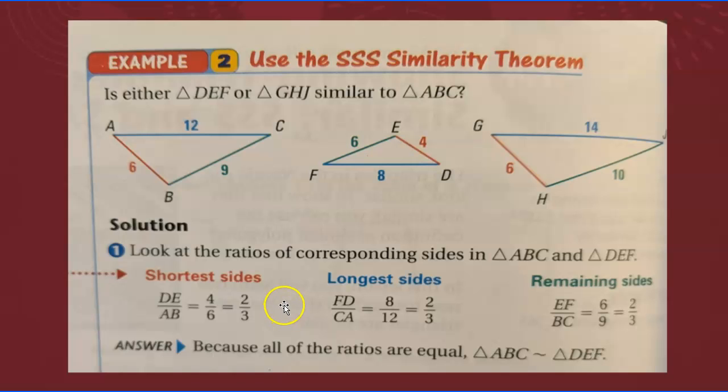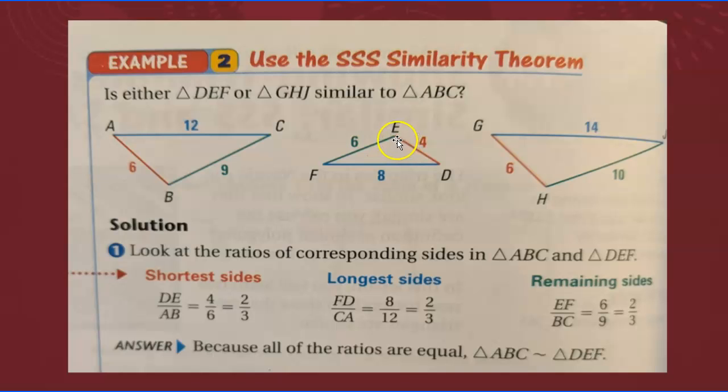Then I'm going to find my longest sides. And here's my longest side on this one. FD is proportional to CA. And so I'm going to have 8. There's your 8. There's your 12. 8 over 12. That is also 2/3. Then I'm going to look at the remaining side. So I pick my short side, I pick my long side, and then just kind of the neutral one.